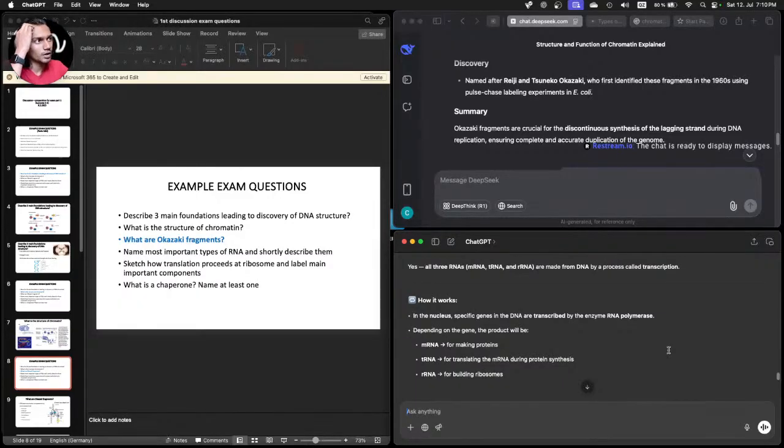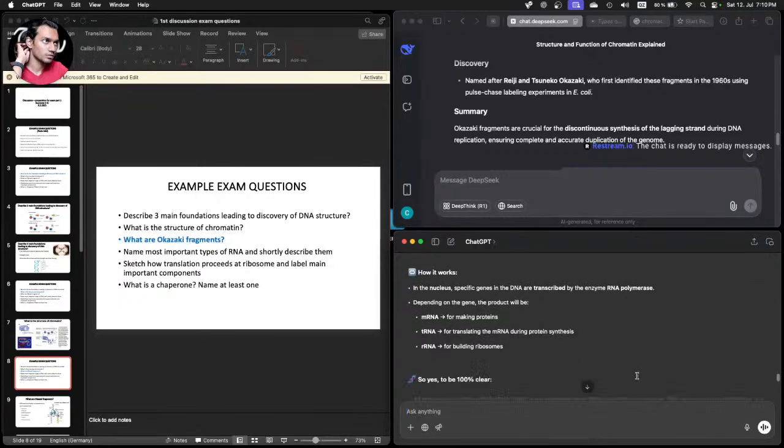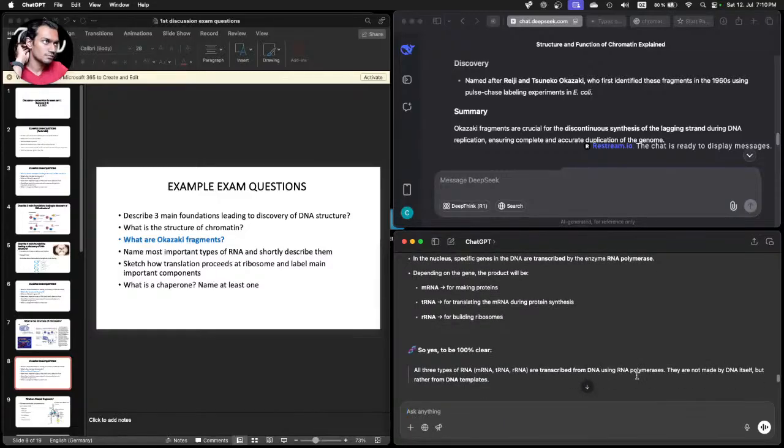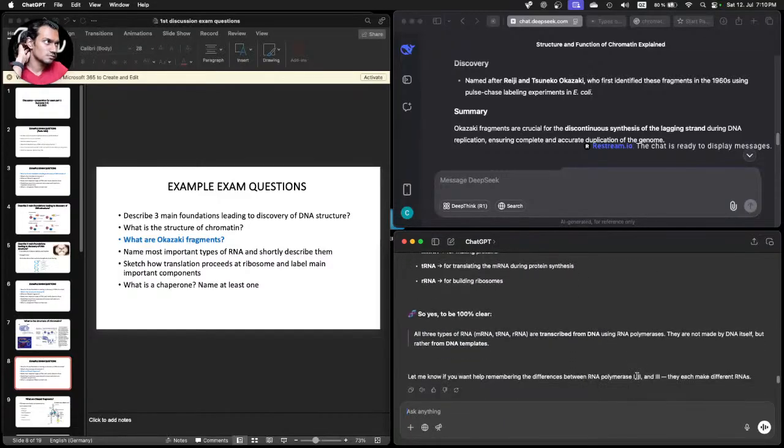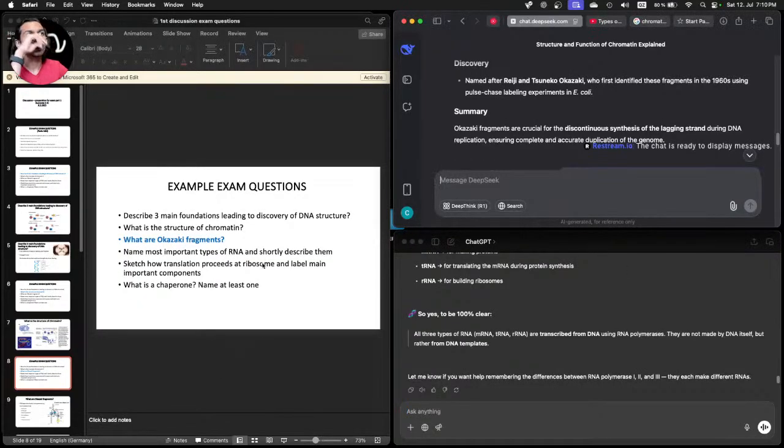Depending on the gene, the product will be mRNA for making proteins, tRNA for translating mRNA during protein synthesis, or rRNA for building ribosomes, from DNA templates. Okay, I get it.